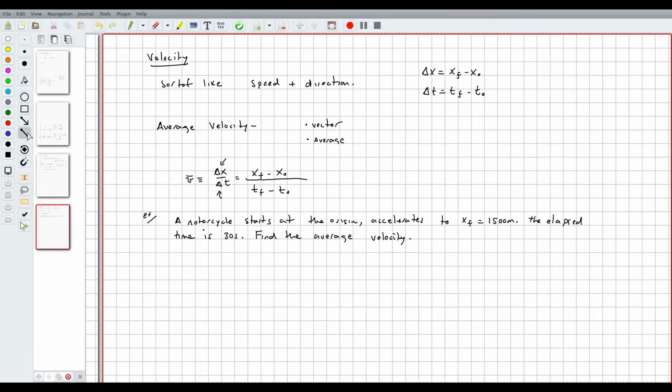So, I'm going to draw a coordinate system. The first thing you do when you solve a physics problem is to draw a picture. That is, after you've read the problem a few times. Let's label our coordinates, y and x. Now, here's my motorcycle right here.